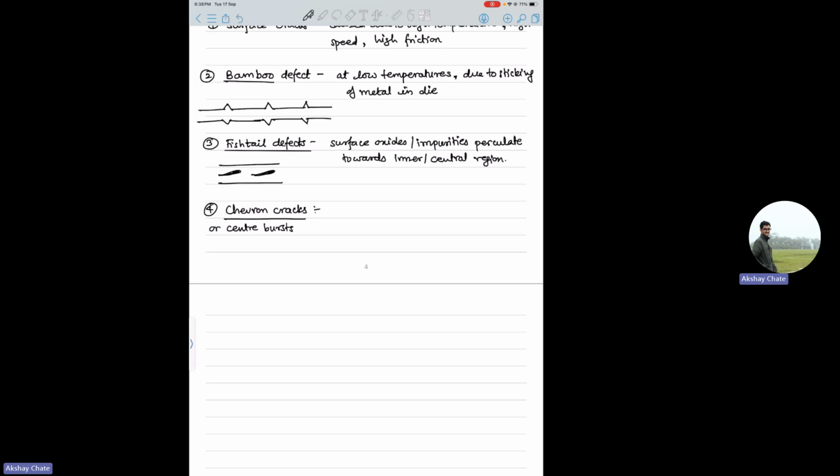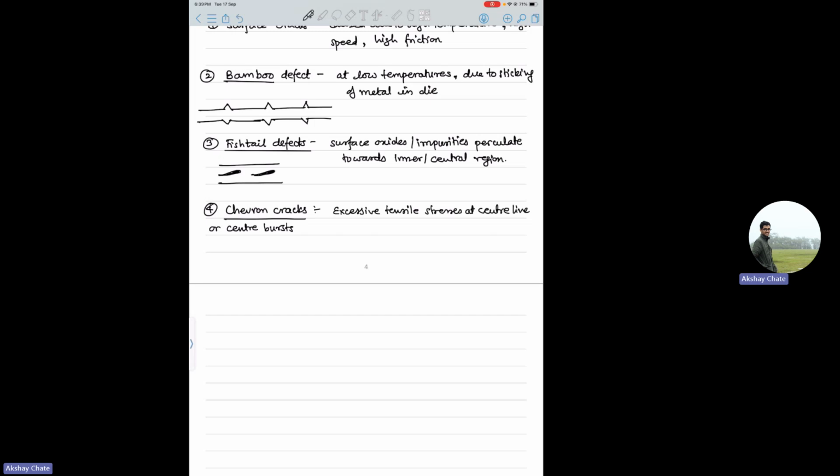There will be tensile stresses developed at the center, because you're stretching the material from the center, right? So when you have excessive tensile stresses at the center line, you see cracks at the center.